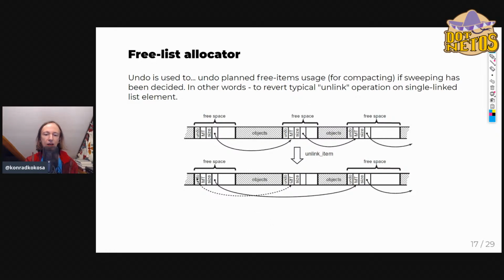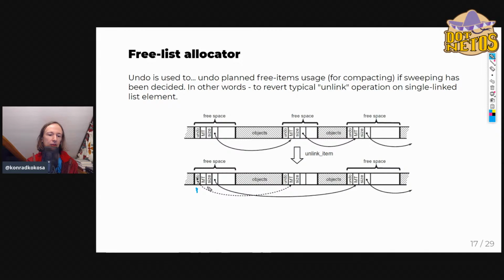So, what the undo is storing in the end is the pointer to this element that we just unlinked. So we know that the previous free space element has this pointer, and if we want to revert this operation, we can just take this pointer from there. Let's call this pointer P, and because we have stored this pointer, we can thread things again.